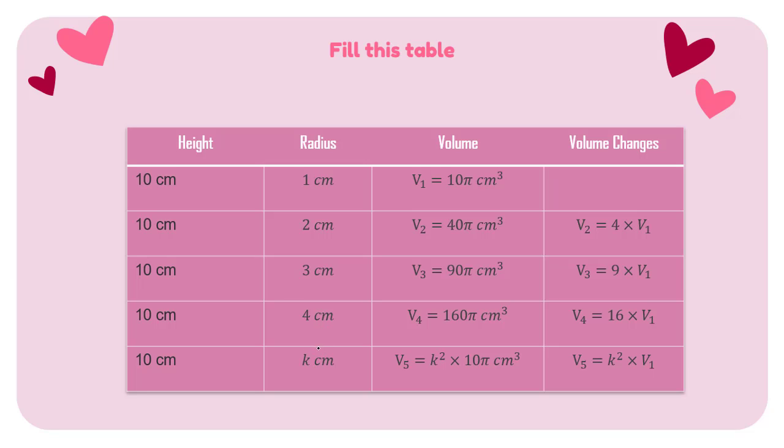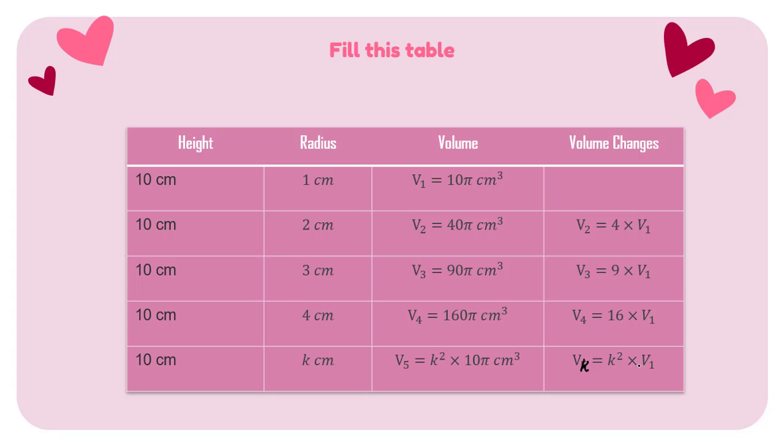And if we enlarge it again and again into k centimeter, we'll get the volume k is equal to k squared times 10 pi centimeter cubed, which means to find the volume k, we can multiply k squared times the first volume.